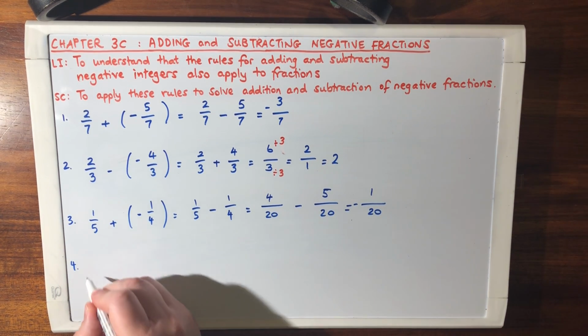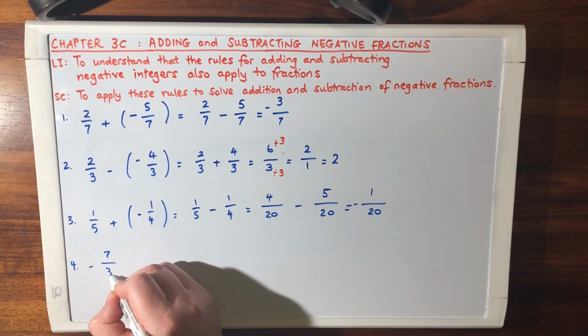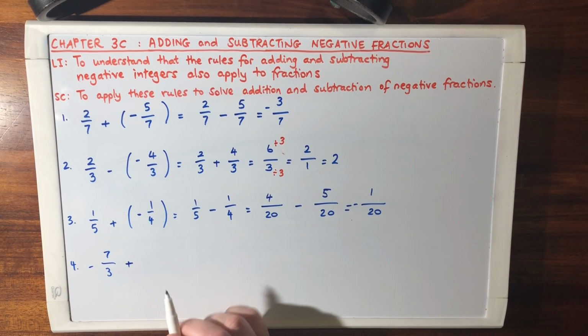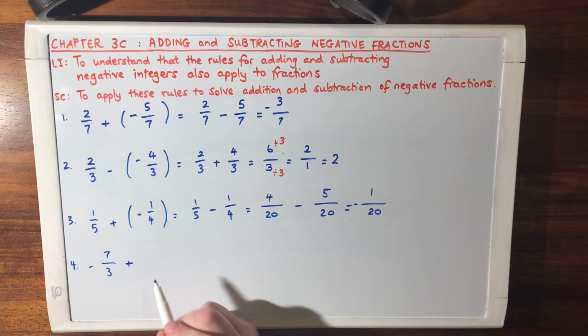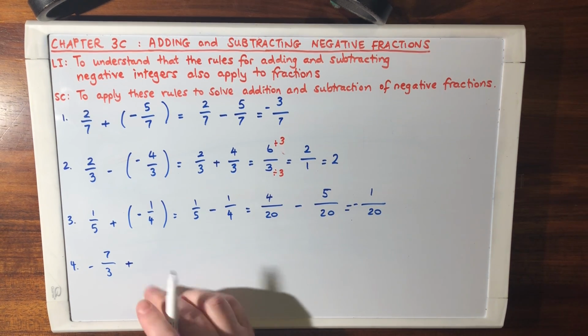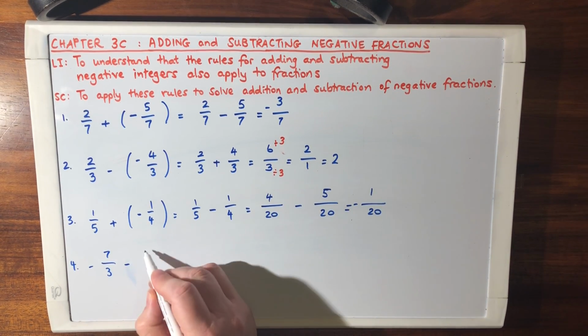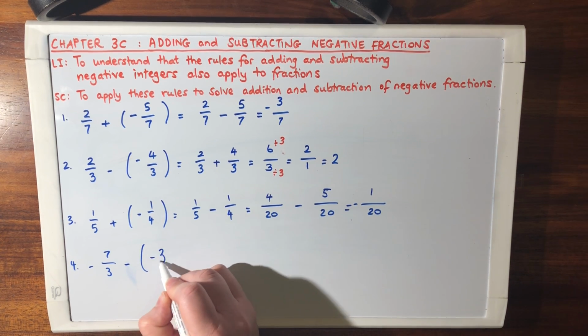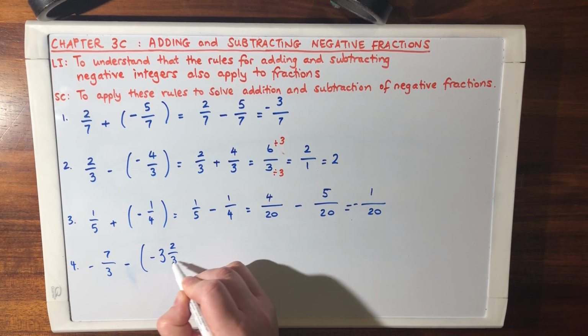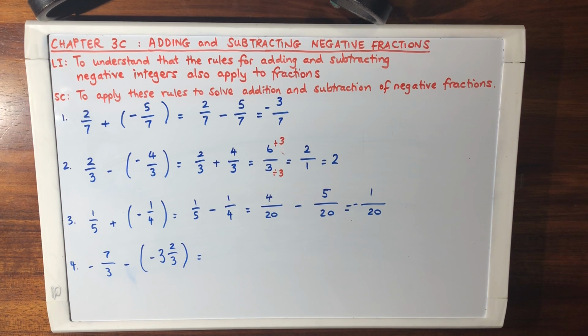Our last example, okay, we've got a mixed fraction there. We have -7/3 take away -3 2/3.